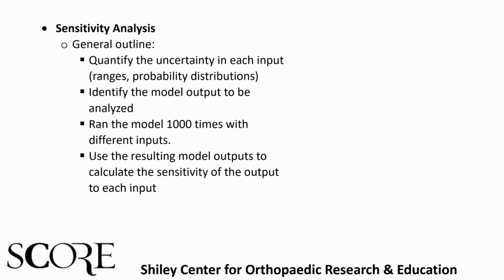So make many different iterations of the model with different values for each of these inputs. In our case, we chose to do 1,000 models, and then we used the resulting model outputs to calculate the sensitivity of the output to each of the inputs.